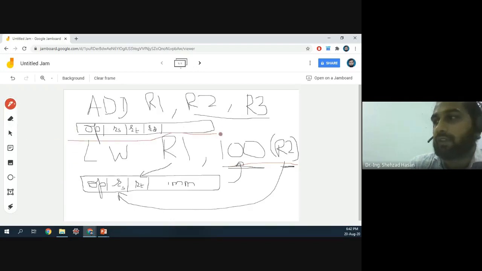So this is one example of load. Now in the store, R1 is the destination, right? And R2 and R3 are going to be sources. So RS would be R2 and RT would be R3, right?